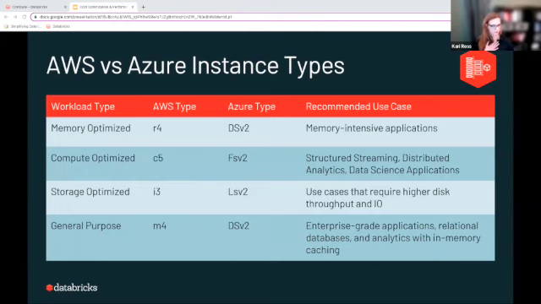So looking at common examples of instance types when you're selecting your cluster, you really want to look at whether you think you're going to be memory optimized, compute, storage, or general purpose. These are examples.